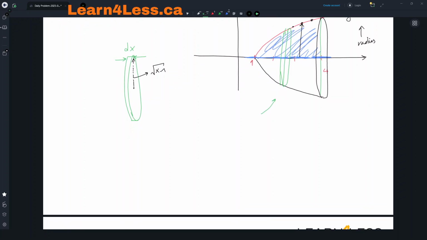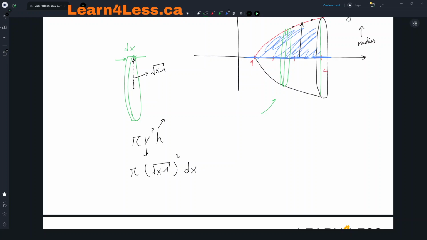The volume of that would be, again, it's a cylinder, so pi r squared h. The r is the radius, the h is basically the thickness or the height of this disk. So pi times the square root of x minus 1, squared, times h, which is basically this dx.